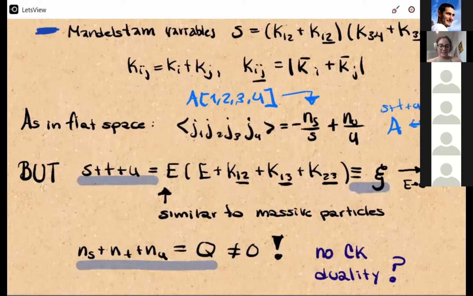Mariana, can I ask you a question? Yes. This is probably some misplaced intuition from my side, but I would expect things to be closer to flat space if the process is more energetic, not less energetic, if it happens at smaller length scales so that you don't see curvature.